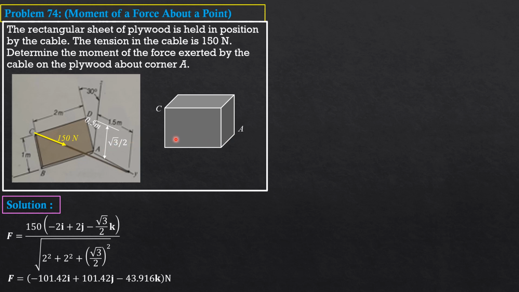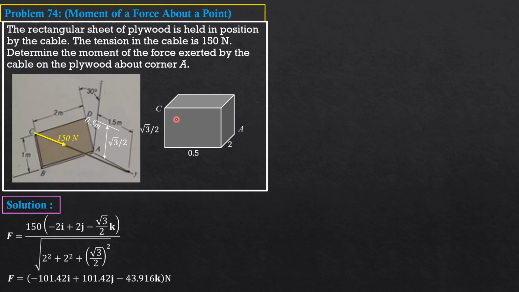Then the distance between C and A: along Y is 0.5, along X is 2, and along Z, square root of 3 over 2. So this is 0.5 and this is 2 meters, so that it's easy for you to analyze.